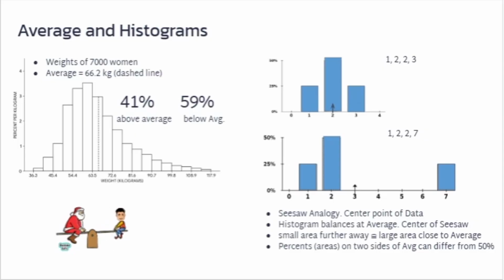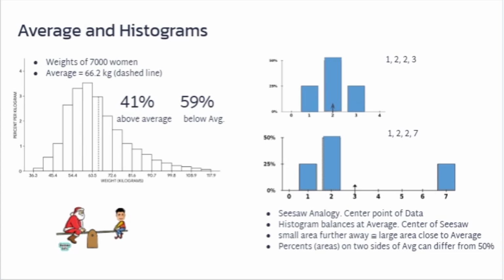For your second list, 1, 2, 2, 7. If you want to guess without calculation where your average is, you might say, okay, I will find the point that divides the area of the histogram by half, and that's for both cases number 2.